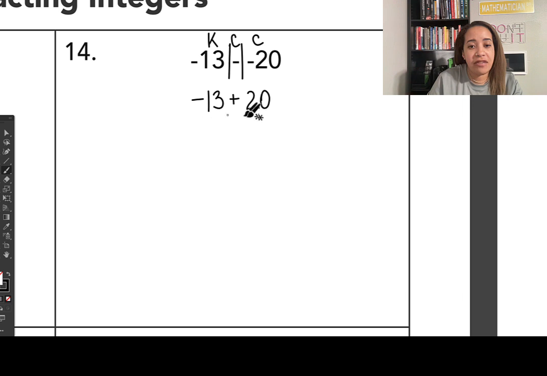I saw a negative plus a positive, so those are different, and we can say different signs subtract. 20 minus 13 gives us 7. Last step is to double check our sign by going back to your addition problem. I see that the higher absolute value in my addition problem was a positive number, so my final answer should stay positive. Negative 13 minus negative 20 gives us a positive 7.